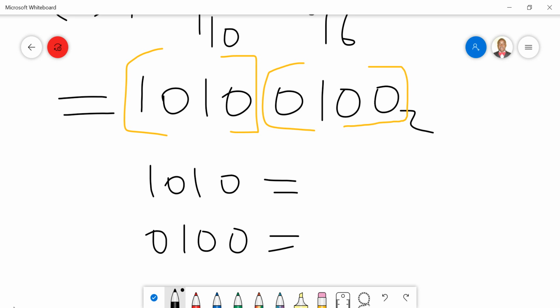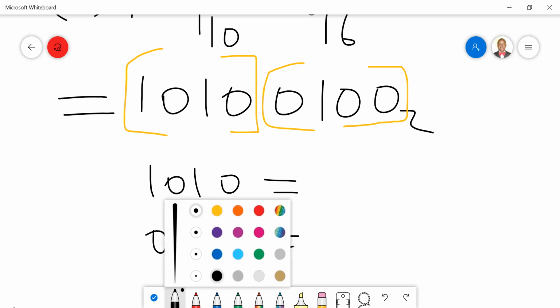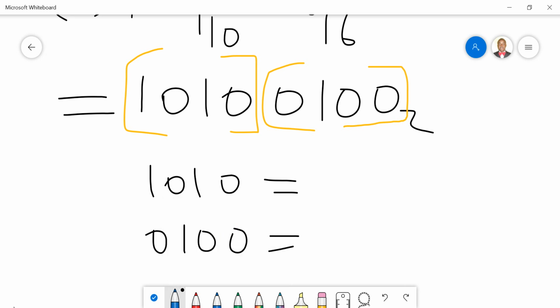I'm sure that by now you know how to convert from binary to decimal. Again, let me just show you. I don't want to assume, but I'll make sure that you all understand what we are doing. This one is 2 to the power 0, 2 to the power 1, 2 to the power 2, and 2 to the power 3. Then 0 multiplied by 2 to the power 0, any number multiplied by 0 is 0.